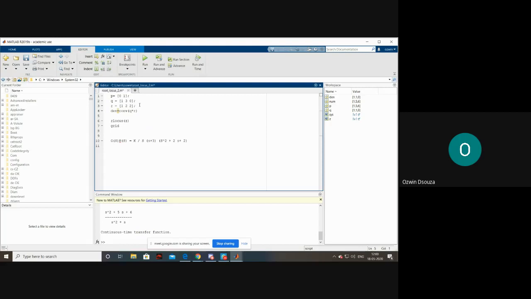And then we can frame our transfer function, let's say system is equal to transfer function of numerator, what did we name the numerator as? P, right? And the ultimate denominator is den, because we have multiplied q with r through convolution. So denominator den, and root locus of system.